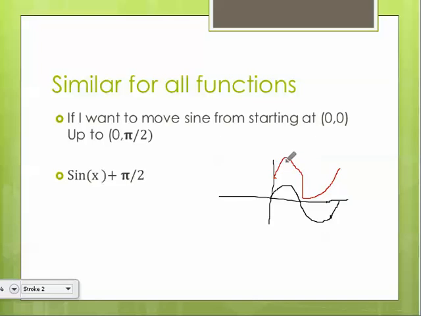Okay? So what happened? We went from here at 0 to here at pi over 2. And so this point up here would be pi over 2 plus 1. This point down here would be pi over 2 minus 1. And this point here would be at pi over 2. That's shifting it up a little bit. All we're doing is adding on to the end of it.